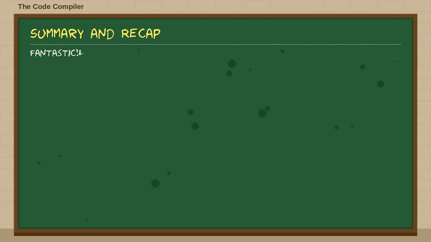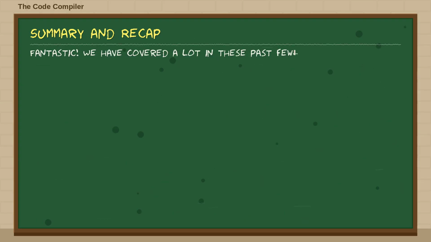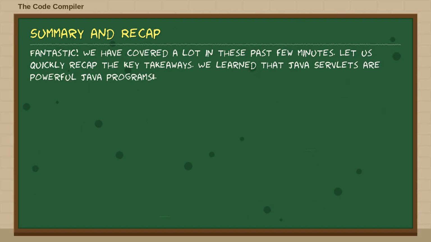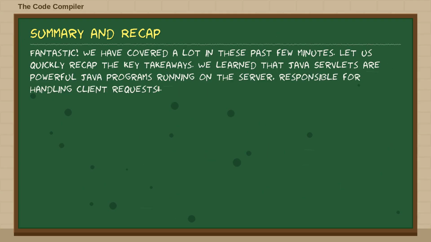Fantastic! We have covered a lot in these past few minutes. Let us quickly recap the key takeaways. We learned that Java servlets are powerful Java programs running on the server, responsible for handling client requests and processing business logic.